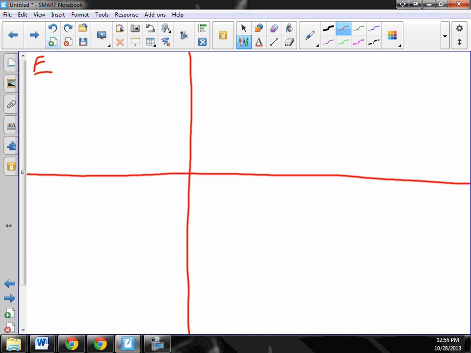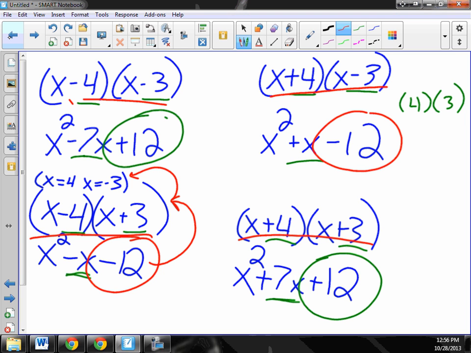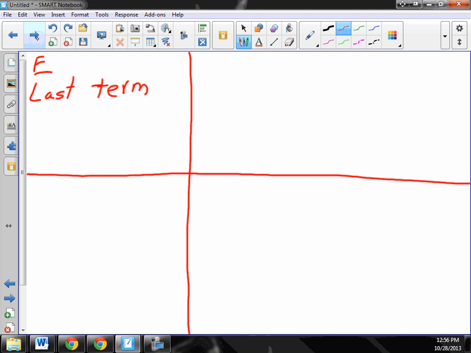The first thing we're going to look at is the constant, the last term. So looking back here, if my last term is positive, what do I know about the factors? Same sign. Good. So if the last term is positive, then we have the same sign.